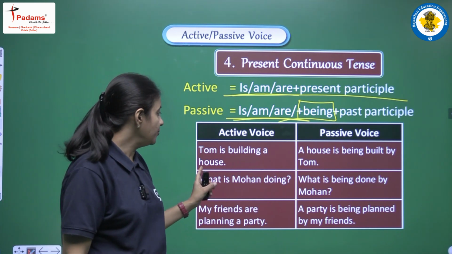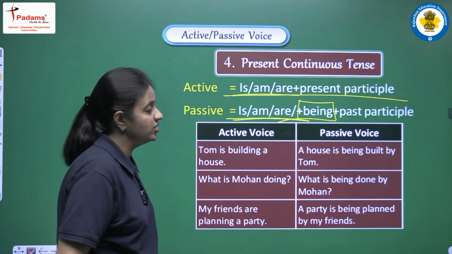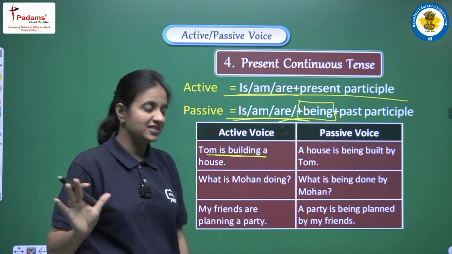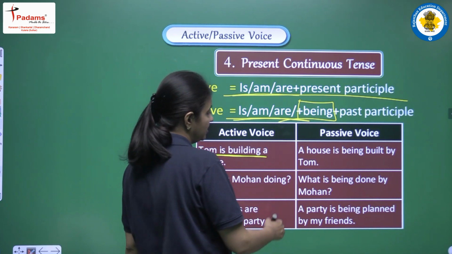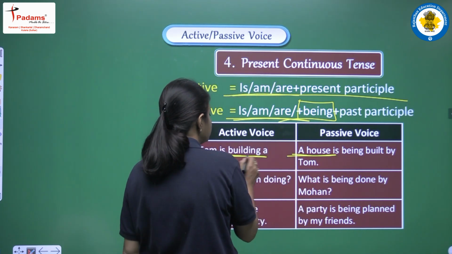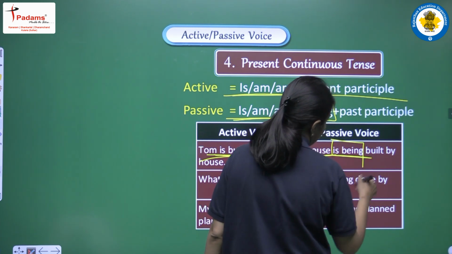So let's see how. First example here is Tom is building a house. So we are having is plus ing, we are having present continuous tense here. What is the object? Object is a house. So we are starting our sentence with our object, that is a house. What will is building become? Is being, this is our helping verb.